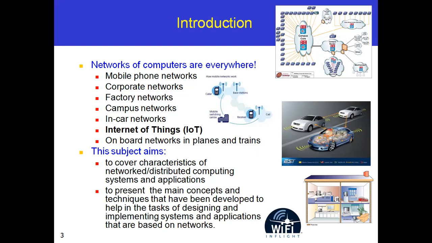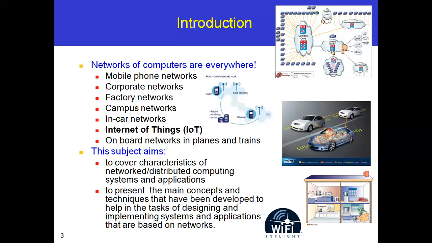These are everywhere. Mainly, the distributed systems aim is to cover the characteristics of networked and distributed computing systems. The networked computer and the distributed computer are very similar. Why? Because networked computer means even though a system is on another continent, or all systems are within a building or a city or different places, still they communicate by using the network.